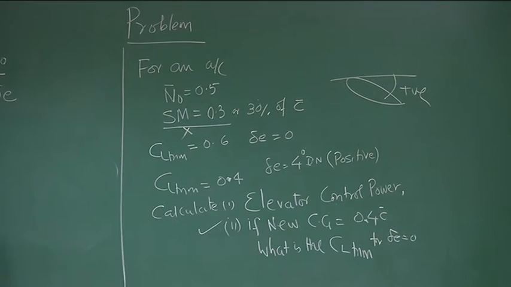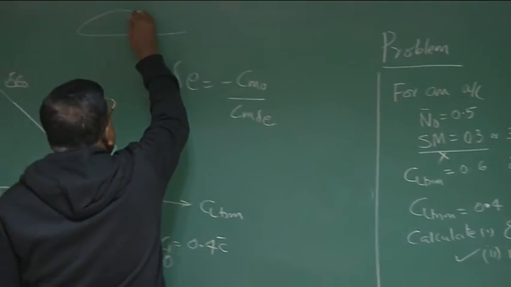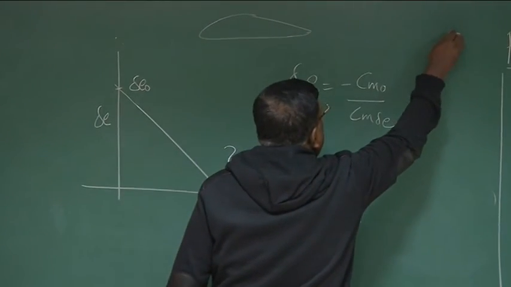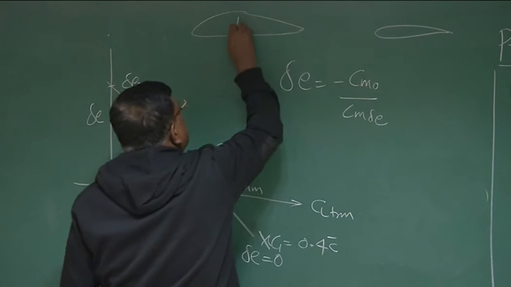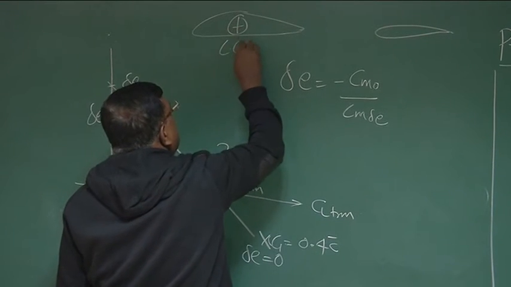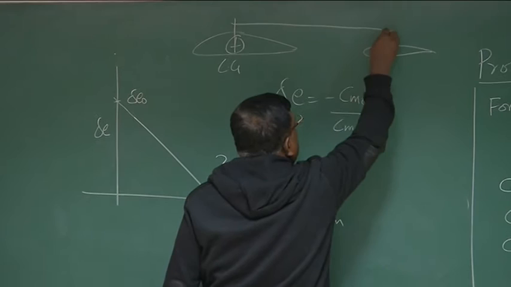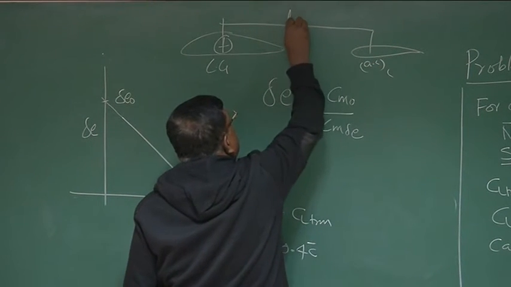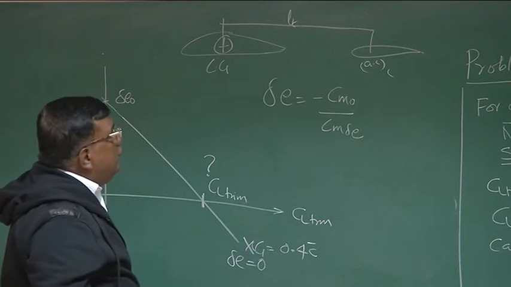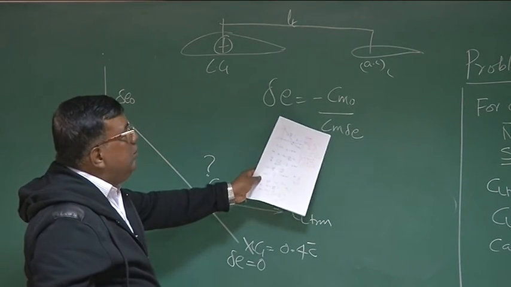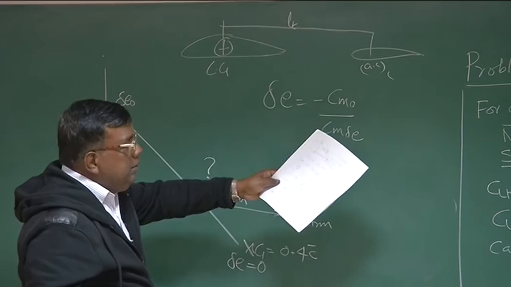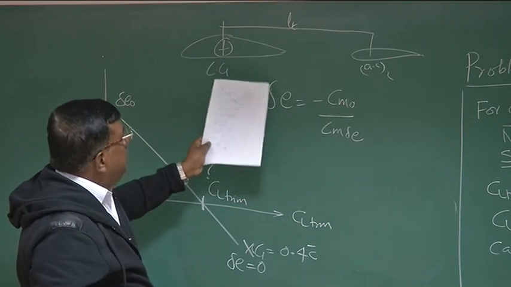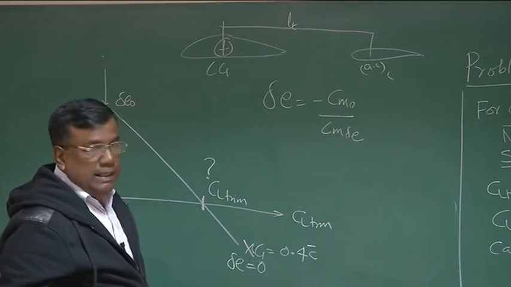then see from here, this is the wing, this is the tail, this is the CG of the airplane. From here to AC of the tail is the Lt. And all those moments, Cm delta E, will depend upon Lt. Now we have changed the CG. So the Cm delta E ideally will change.